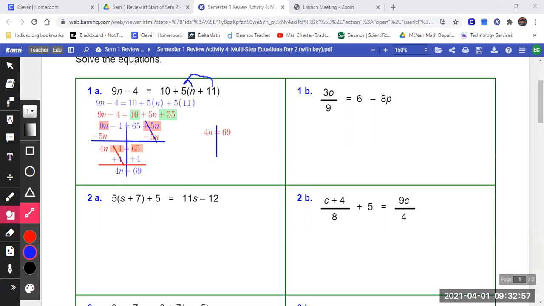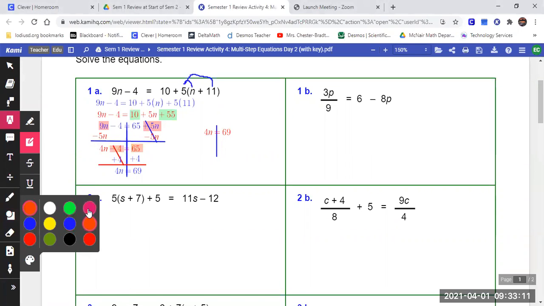So we need to get rid of what's with the letter. Remember, it's always about getting the letter by itself. So let's look at what's with our letter. Oh, this 4 is with our letter, right?